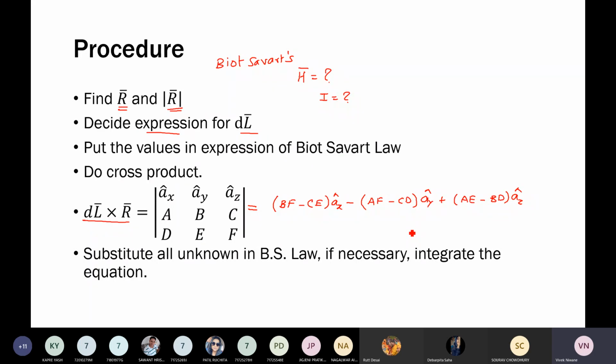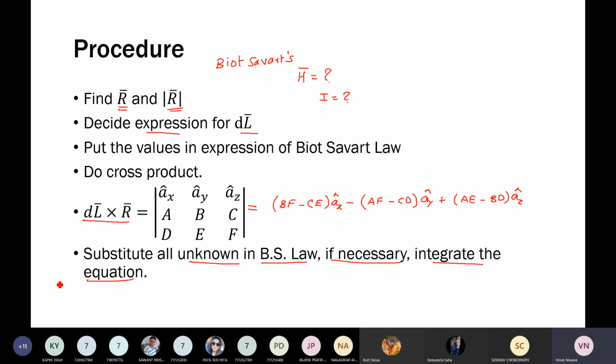You will probably come to know why it is important to take care of the negative signs while solving the numerical. Then substitute all unknowns, DL bar, R bar, and the current we will have into the Biot-Savart's law, and if necessary, integrate the equation. If required, we can have the integration also.